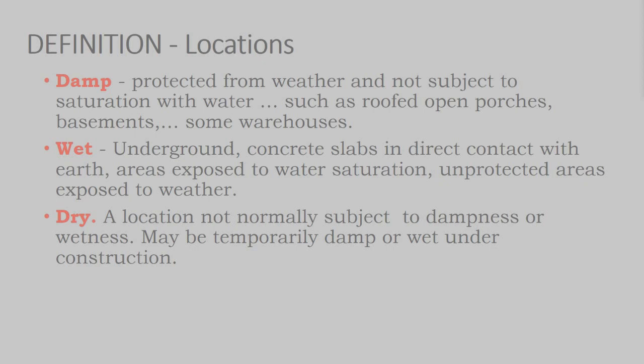Now, I can tell you from industry experience, the locations can trip you up and weather ratings can trip you up because solar equipment is so robust and it is designed for outdoor use. So you might be buying inverters that are NEMA 3R or even sometimes NEMA 4 or even NEMA 6.